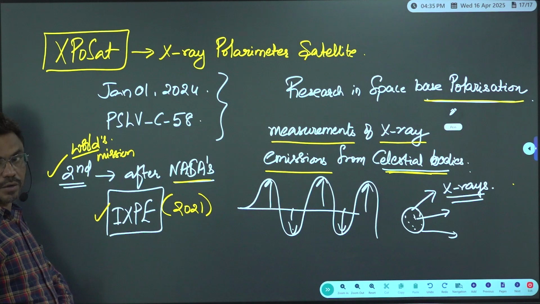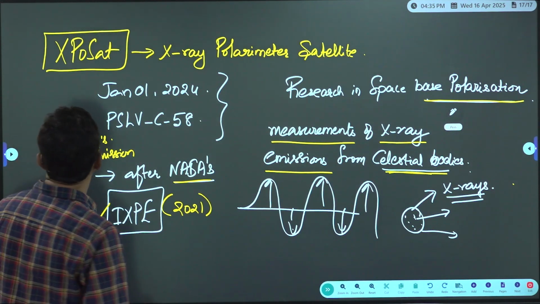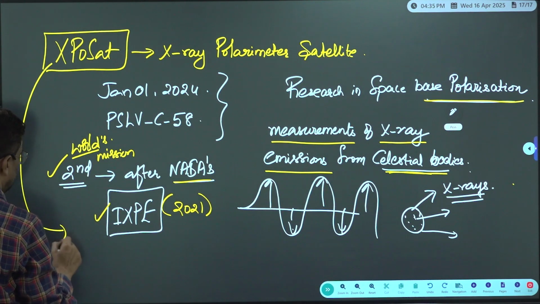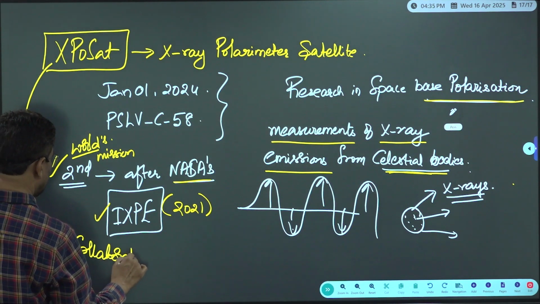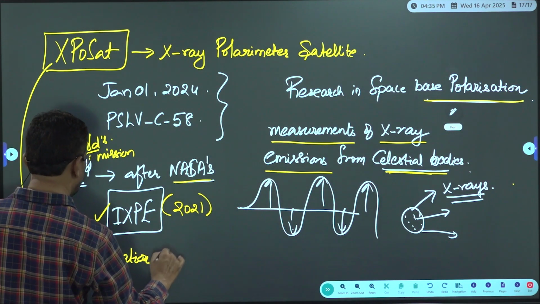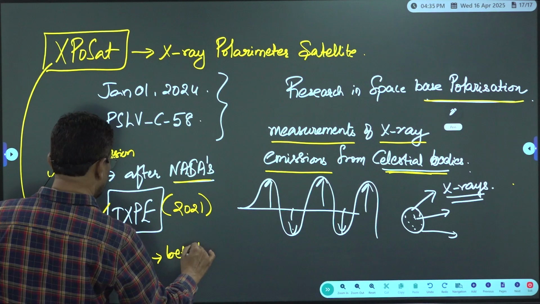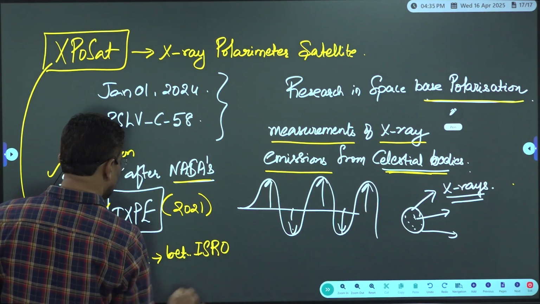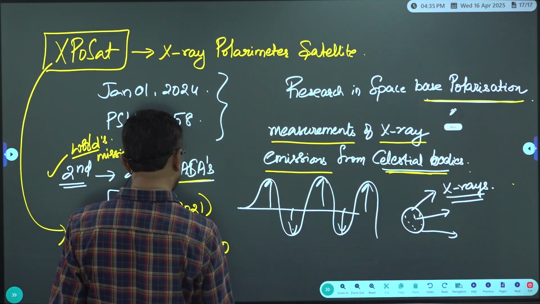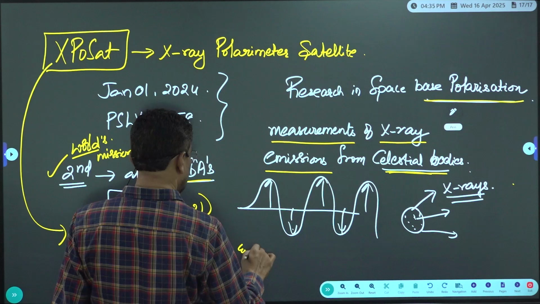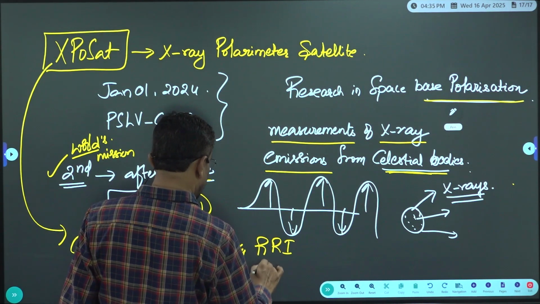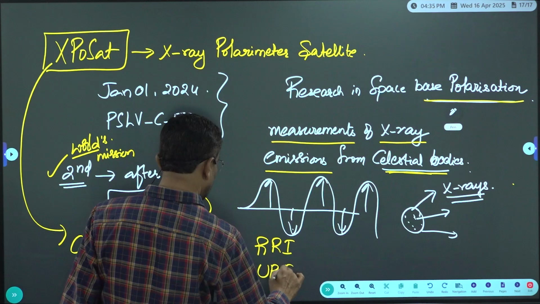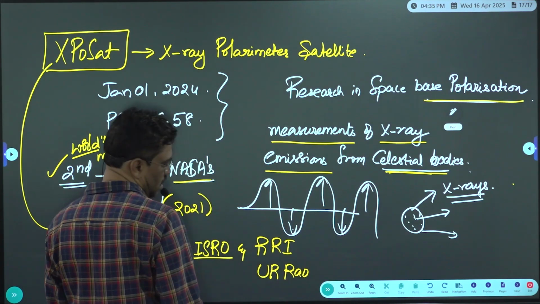So this XPoSat mission is a collaboration between ISRO, RRI, and the U R Rao Satellite Center.